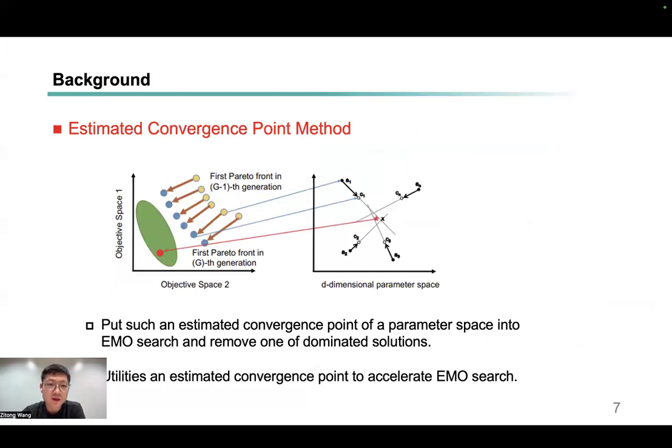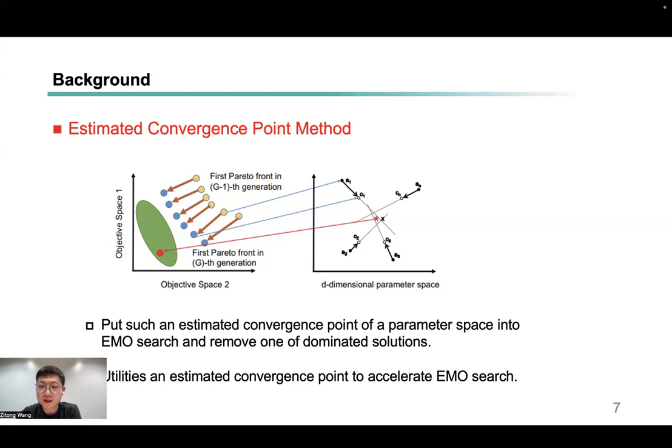Estimated convergence point method. We can find a set of pairs of moving vectors in a parameter space in accord with the Pareto dominance information obtained in an objective space. We can use the moving vector information to estimate a convergence point that presents a promising area where Pareto solutions would be in a parameter space.